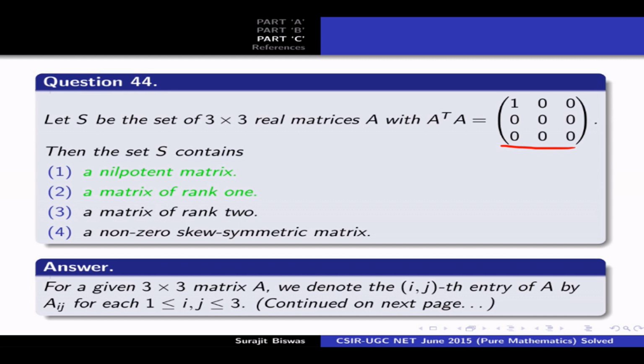So first we want to characterize all the matrices A which satisfy the condition A transpose A equal to this, and for this we use some notation. For a given 3 by 3 matrix A, we denote the ij-th entry of A by Aij for each 1 less than or equal to i, j less than or equal to 3.